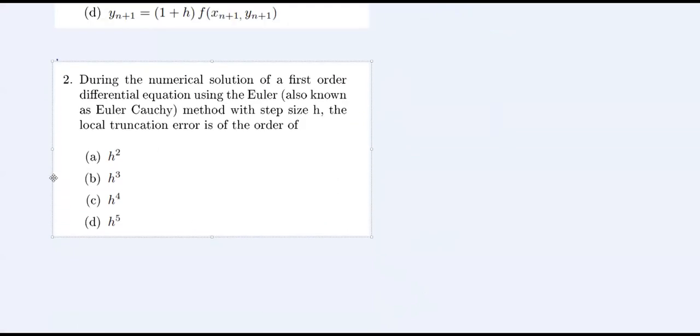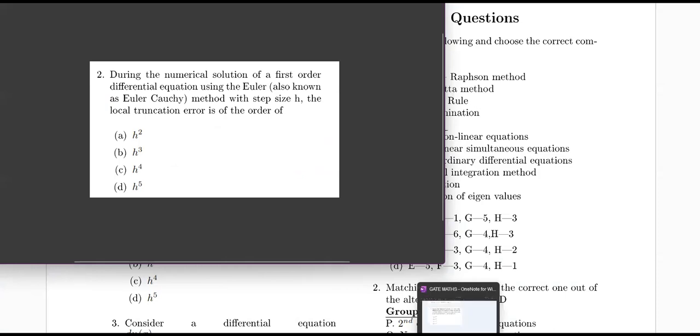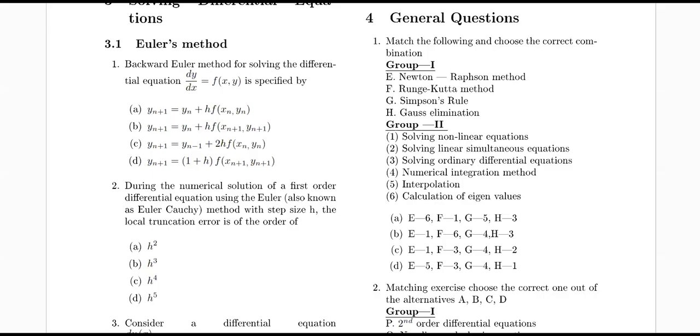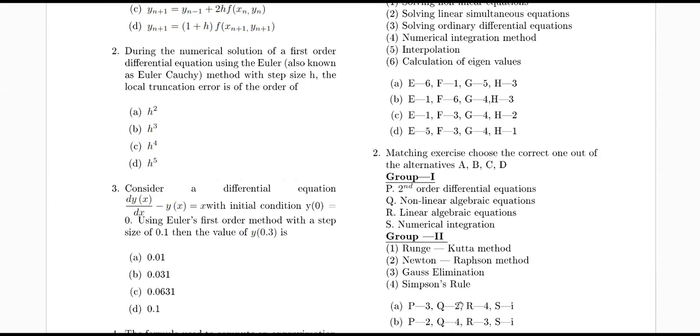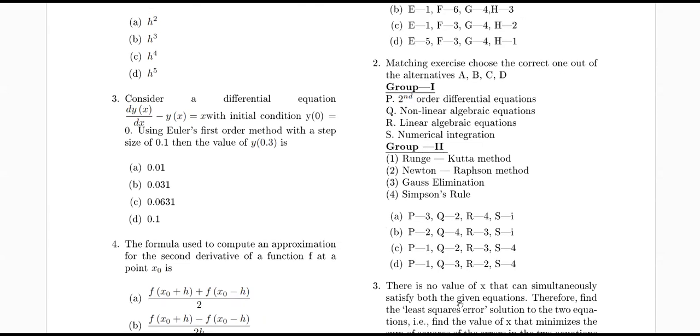So for Euler method, it is h square. Okay. h square. Next.